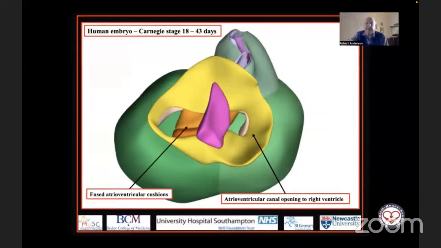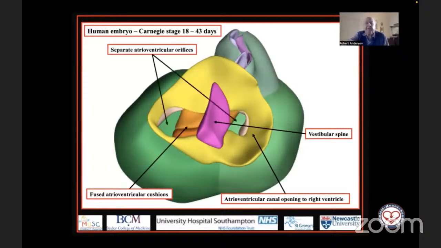So the atrioventricular cushions are fused, and now the vestibular spine has grown in to reinforce the attachment of the primary septum to that atrial surface, giving us the second atrial septum. We have separate atrioventricular orifices.